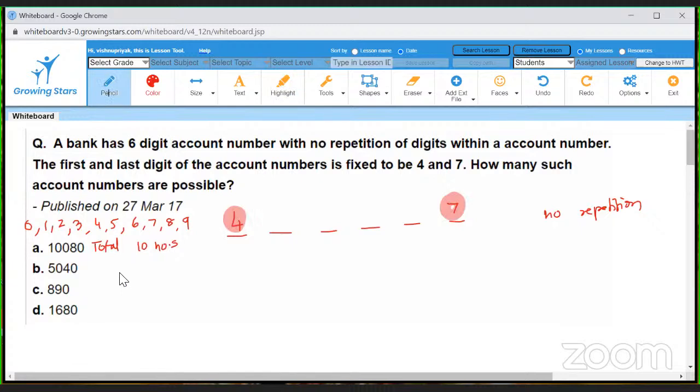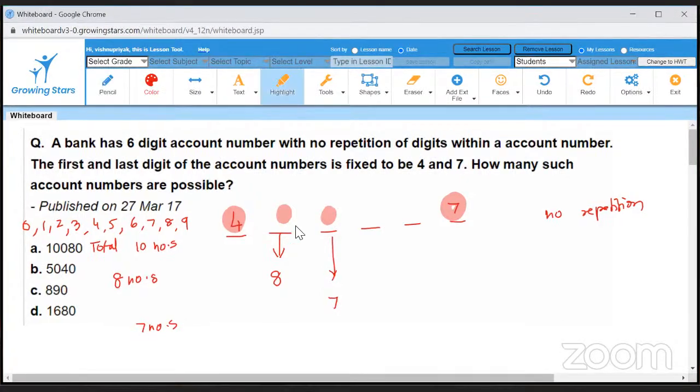So we have only 8 numbers. So this blank can be filled in 8 ways because we have to take 1 from 8 numbers. Now 3 numbers are taken, so we have 7 numbers. For this place, there are only 7 ways to fill.